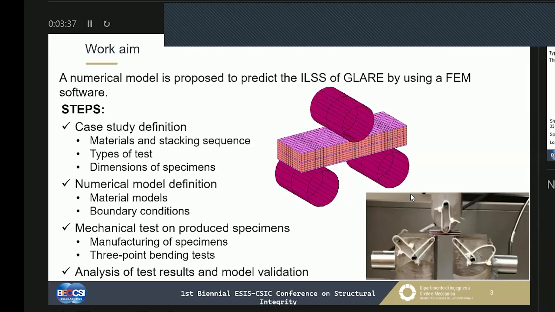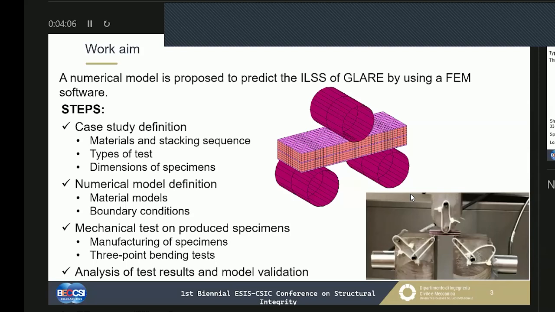After, there is the presentation of the numerical model that was used for this work in terms of calculation grid, the mesh, in terms of the material models adopted, and the boundary conditions considered for this work. Then the numerical model was validated through experimental activities, and so this is the presentation of the manufacturing of the specimen.